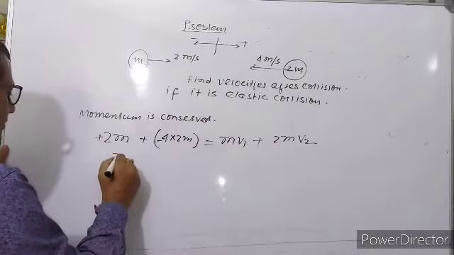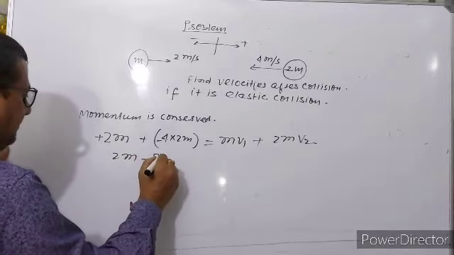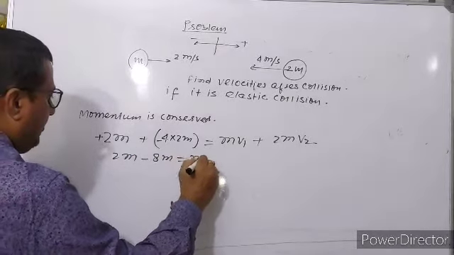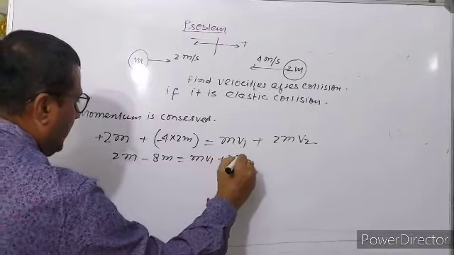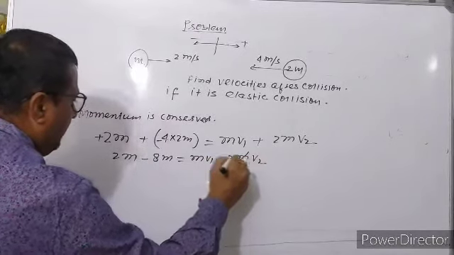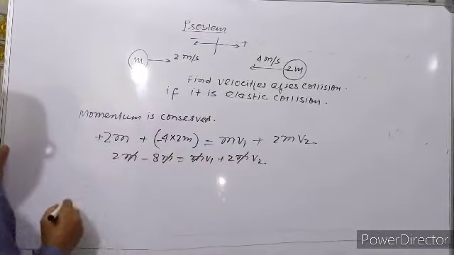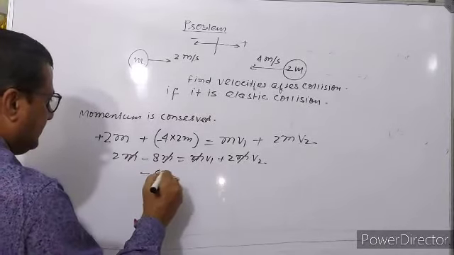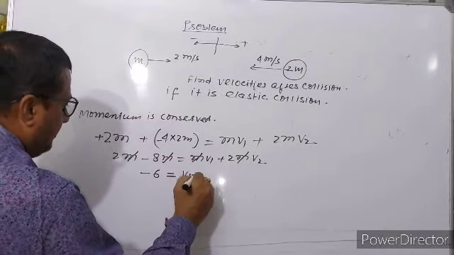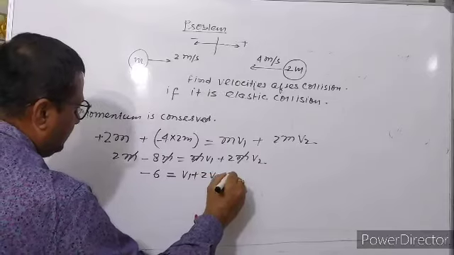So 2m minus 8m is equal to m v1 plus 2m v2. m will be cancelled. 2 minus 8, minus 6, equal to v1 plus 2 v2. This is the first equation.